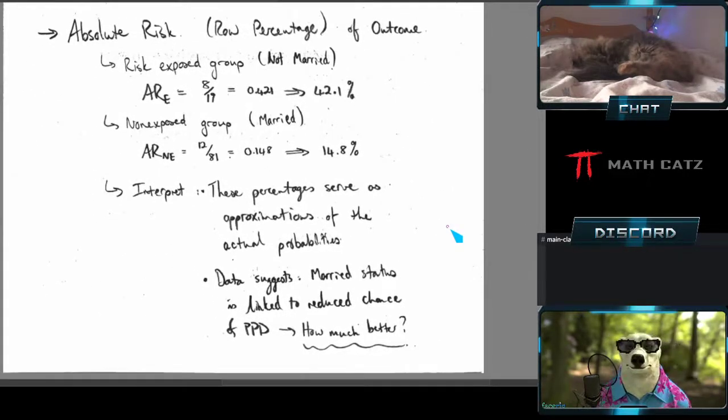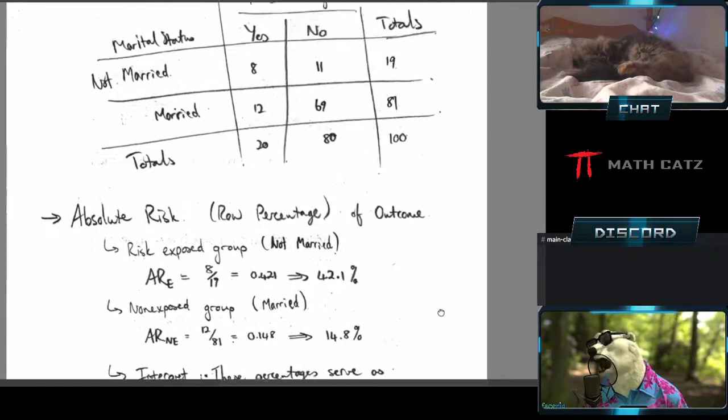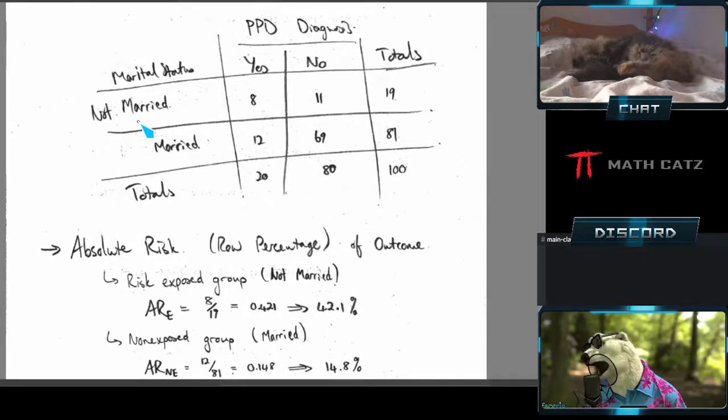The whole point of this statistical measure, trying to use a single number to represent what's happening, is to tell me something about what's happening. So the data suggests the married status is linked to a reduced chance of postpartum depression, or the not married status is linked somehow, not directly perhaps, but there is a link that being not married and married have different chances of postpartum depression.